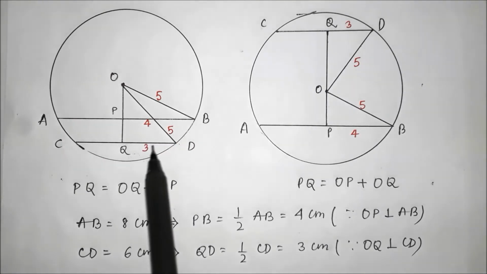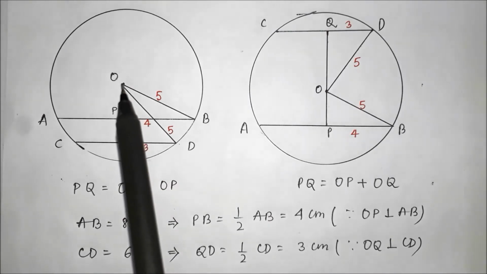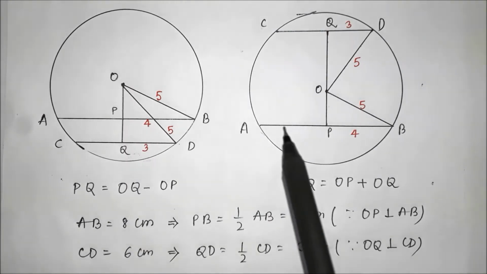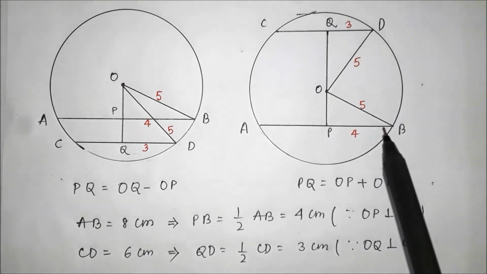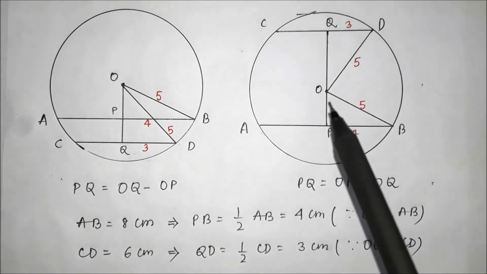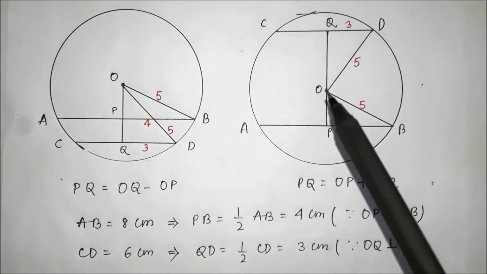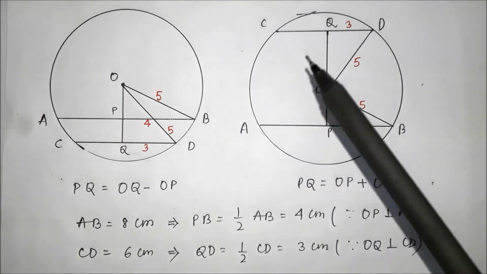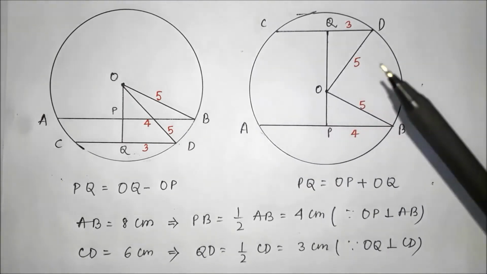So AB and CD are the two chords whose lengths are given as 8 and 6 respectively. They lie on the same part. And in the other diagram, AB and CD are two chords which lie on opposite sides of the center. AB on this side of the center and CD on the other side of the center.